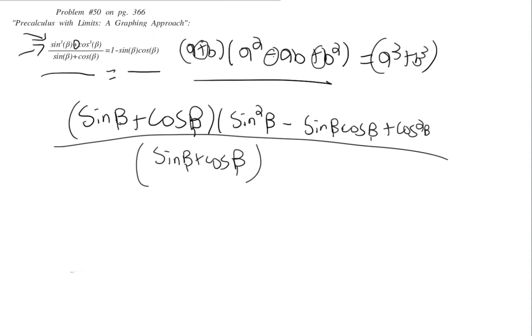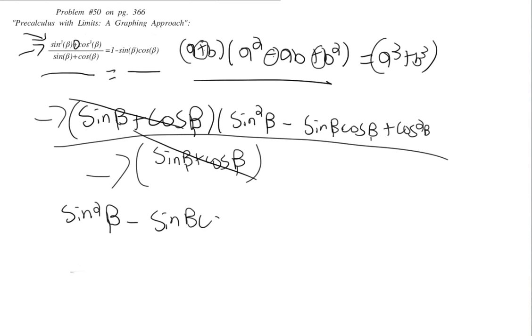As you can see, these two things right there are both equal, so we can cross them off. Boom. So now we have sine squared beta minus sine beta cosine beta plus cosine squared beta equals 1 minus sine beta cosine beta.